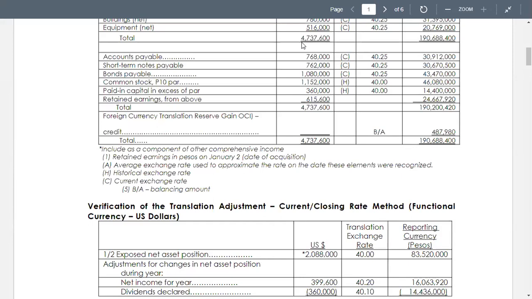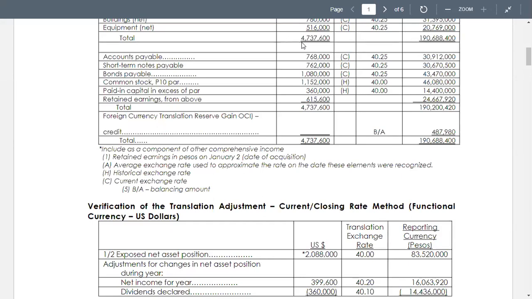And take note that normally the date when you present your financial statements is December 31.